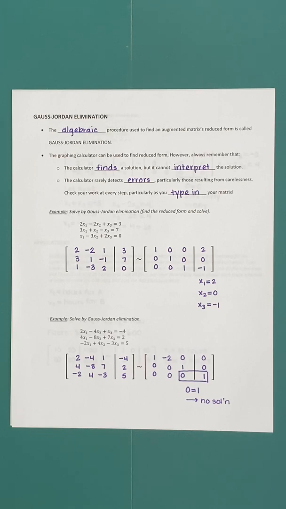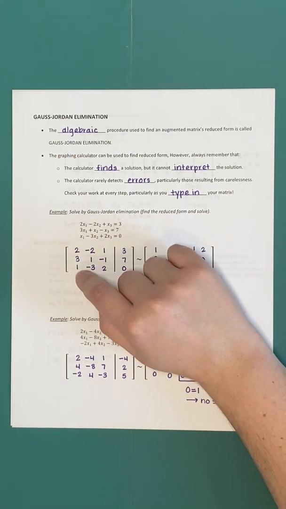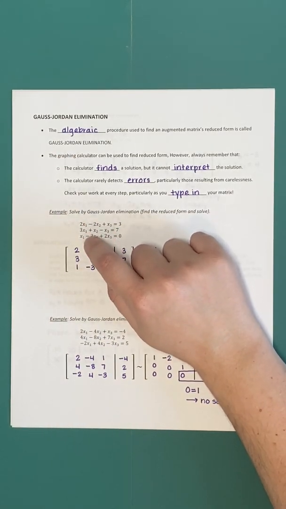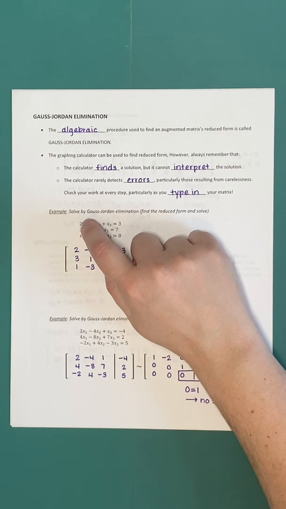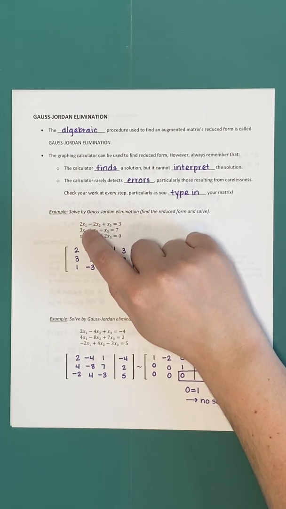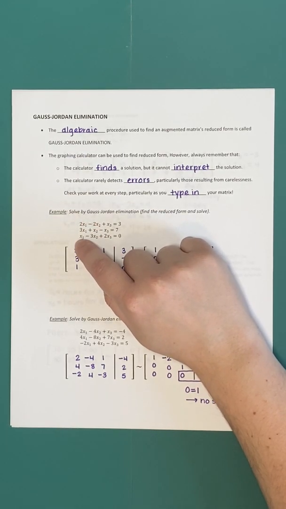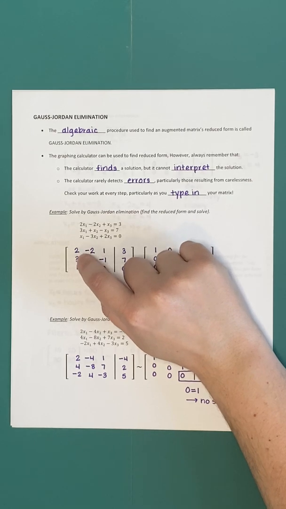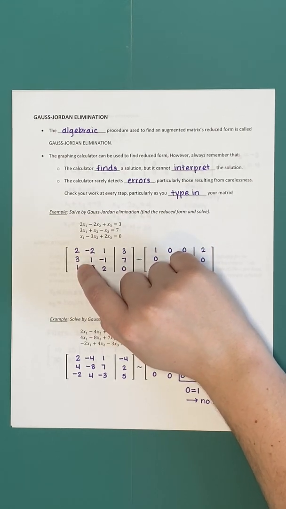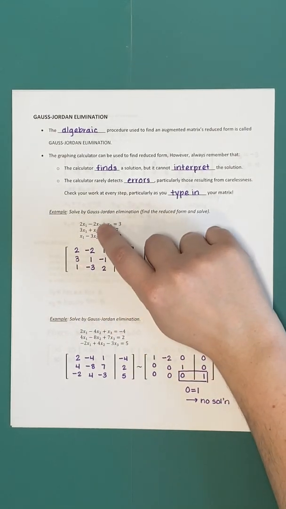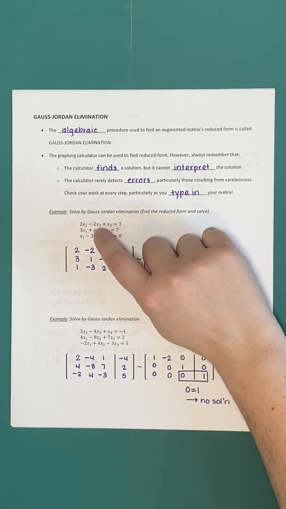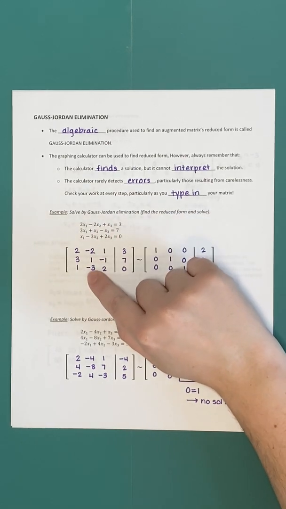So if we were to go by column, remember each column is going to represent one particular variable. So the first column for this matrix represents the coefficients for the variable x1. So we have a coefficient of 2, a coefficient of 3, and then that unwritten understood coefficient is a 1. So first column is going to be 2, 3, and then 1. Our second column is going to be -2, and then 1, and then -3.